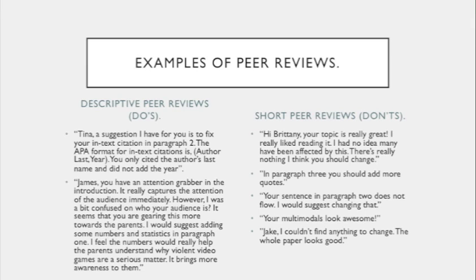In the fourth example, I mentioned that the multi-model is a strength. However, I don't describe why it is a strength, and I simply just focused on the strength, and I did not have it in any descriptive way. So therefore, it makes it a short peer review.